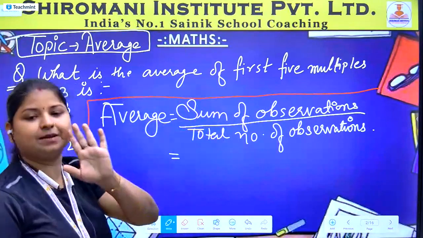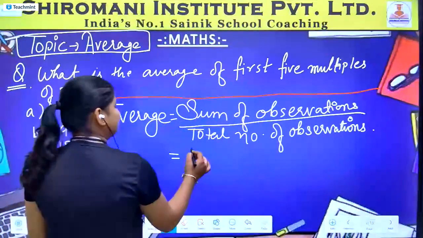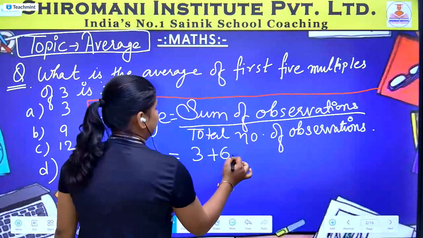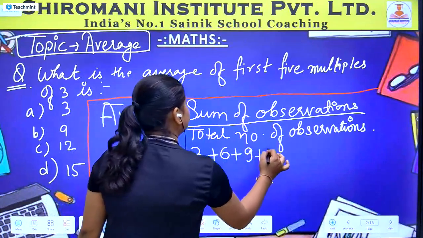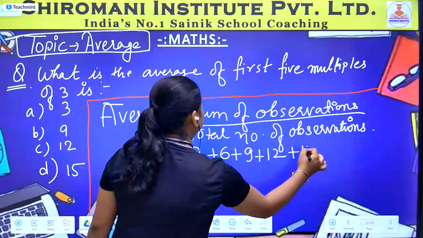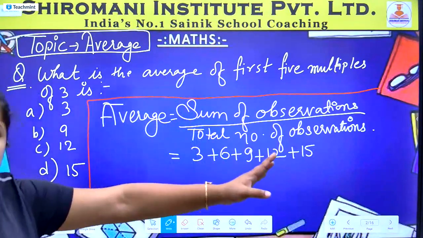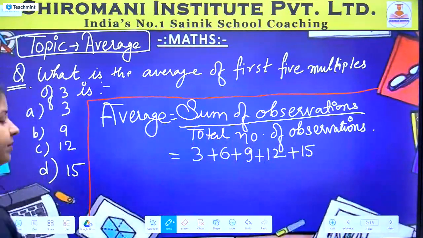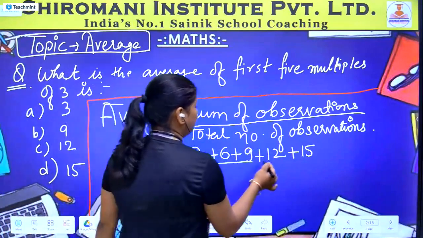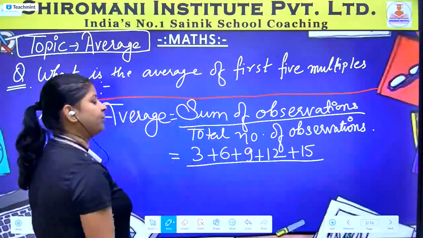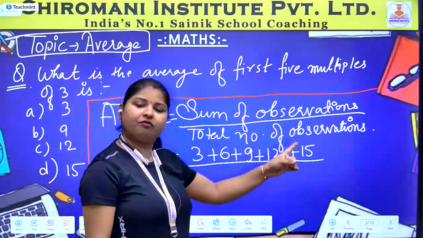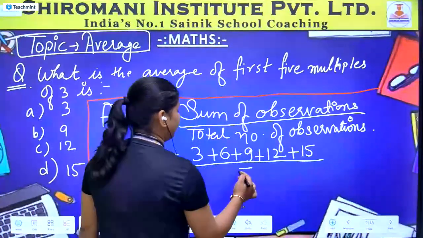The first 5 multiples of 3 are 3, 6, 9, 12, and 15. The total number of observations is 1, 2, 3, 4, 5, so upon 5.